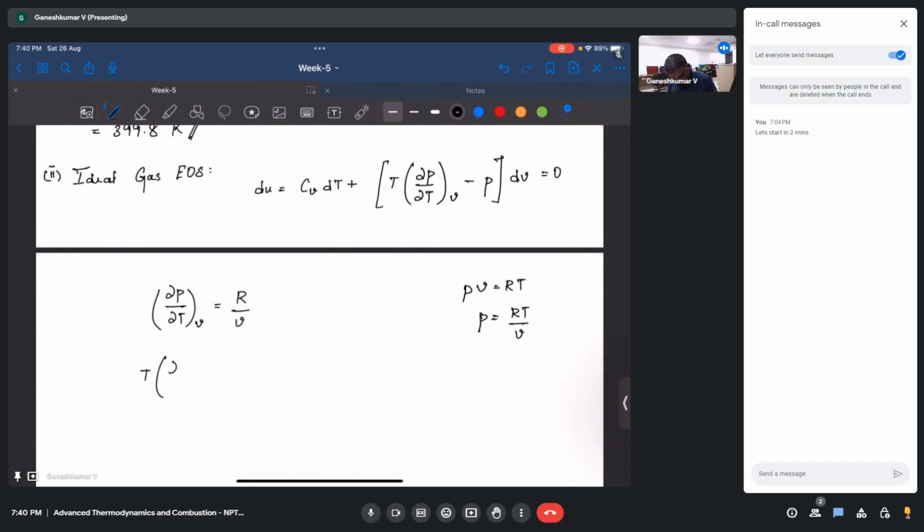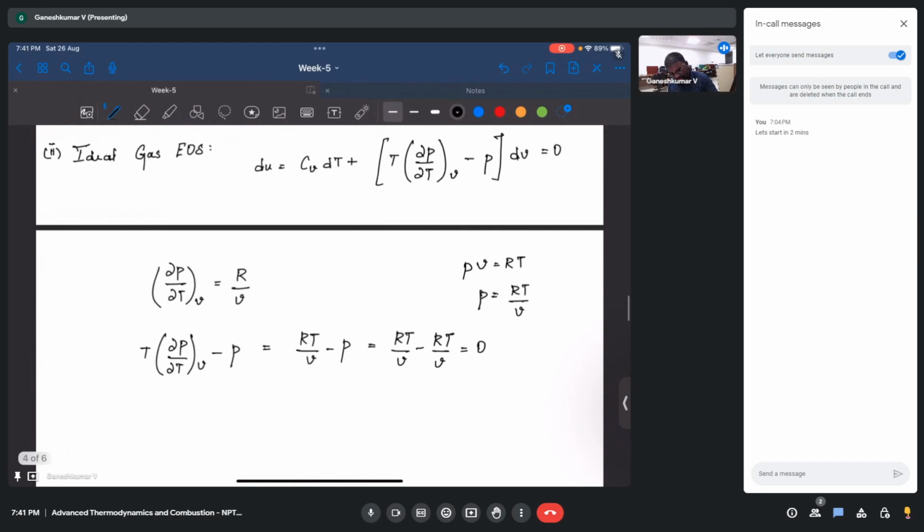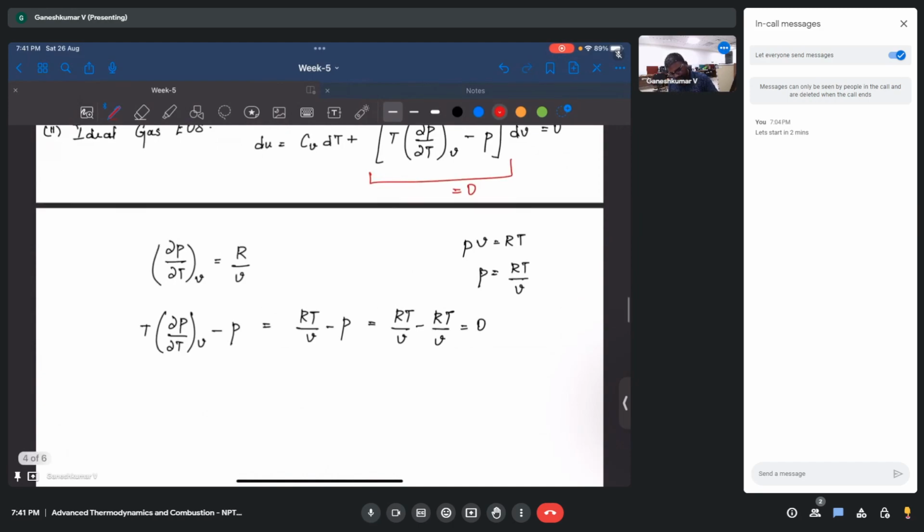Now T times dou P by dou T at constant V minus P is equal to RT by V minus P, which we already know, P is nothing but RT by V. So it's simple, this is simply 0.